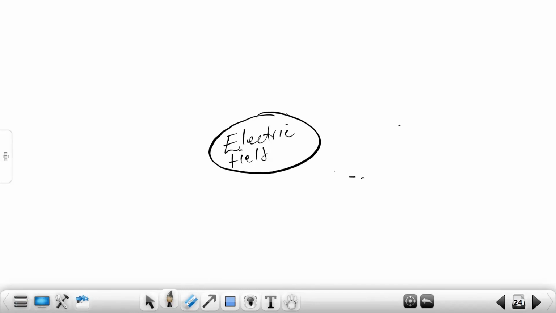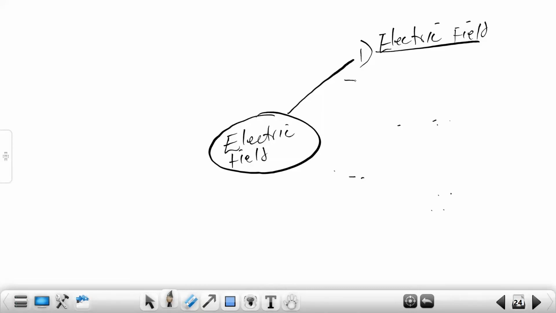I am going to start now with the first one, which is the very same electric field. What do I need to know with electric field? It's very easy. I need to know the definition of an electric field.